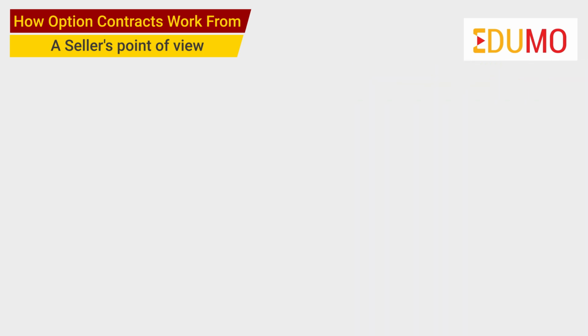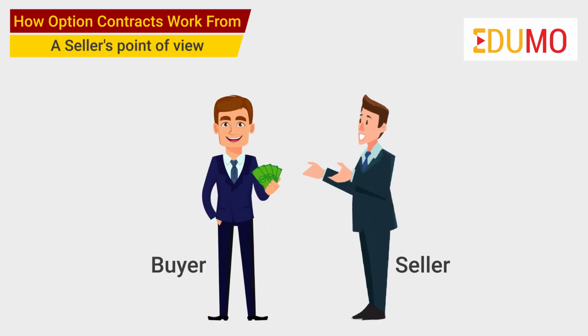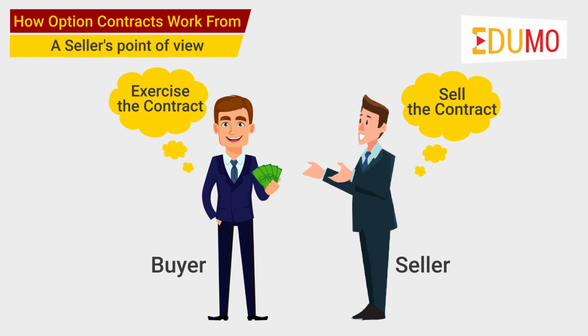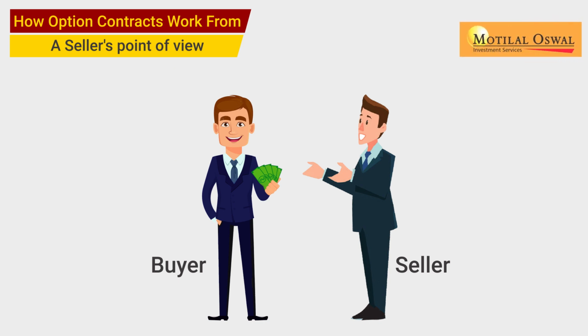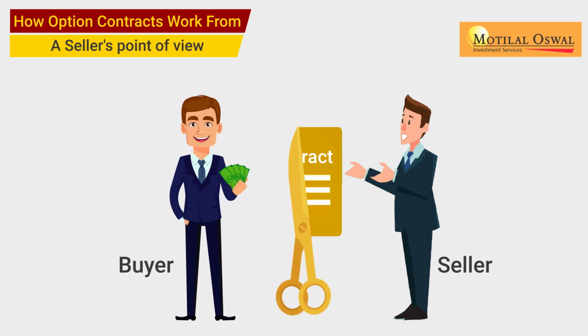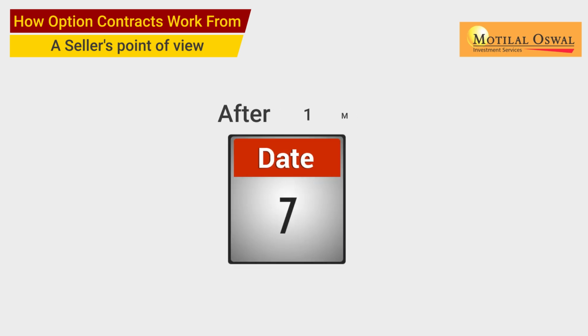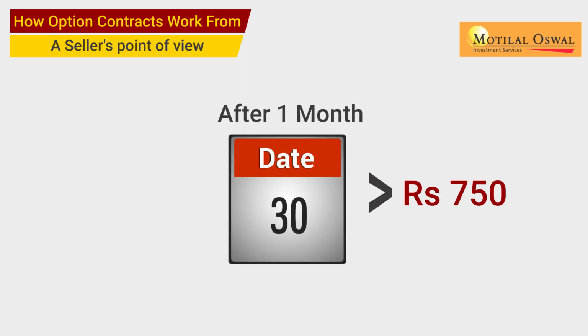Also, you need to understand that as a seller, you are under an obligation only when the buyer exercises their right. Otherwise, the contract lapses and no obligation is undertaken by you. Now, if the share price on the maturity date, that is after 1 month, is more than Rs 750, then what will be the situation?